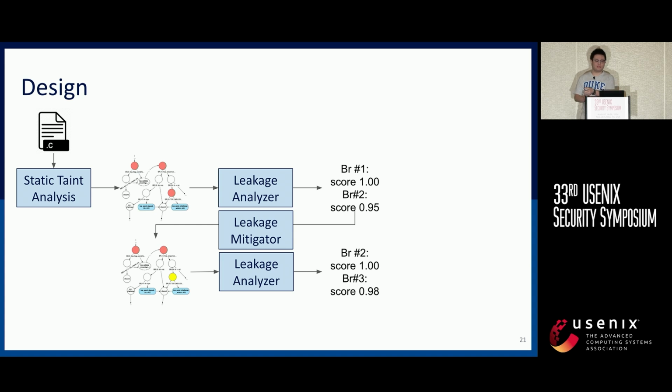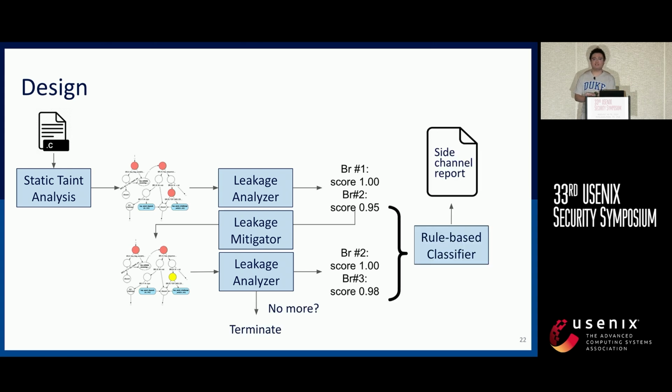Then we use our designed replace algorithm, which we'll discuss later, to simulate the mitigation of these side channels on the original graph. We iterate until all side channels are reported and mitigated on the original graph. Finally, we aggregate all reported side channels into a single complete side channel report.